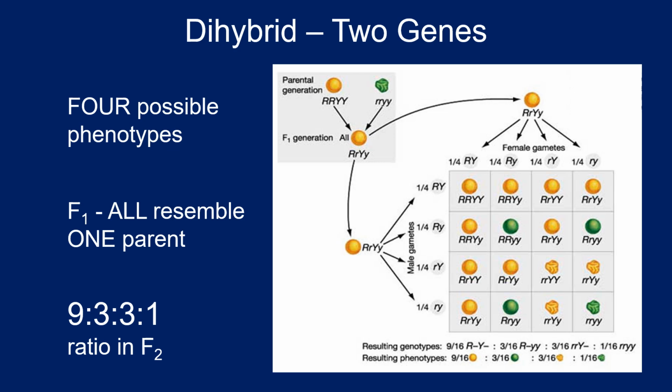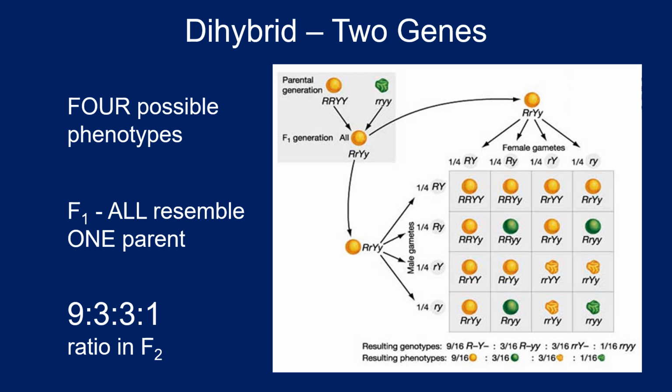If we cross them together, we're going to get a generation that is heterozygous for each of those traits. So big R, little r, big Y, little y. It looks like the homozygous dominant parent. But now if we take that generation and we breed it amongst itself, then we get an interesting mix of traits. Again, we get 4 different outcomes.